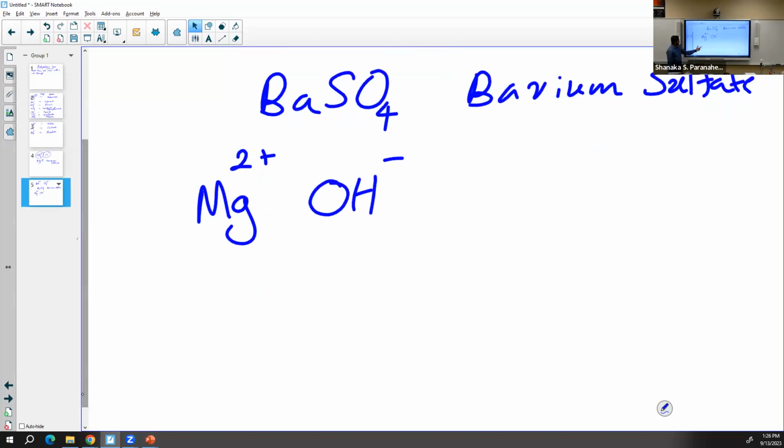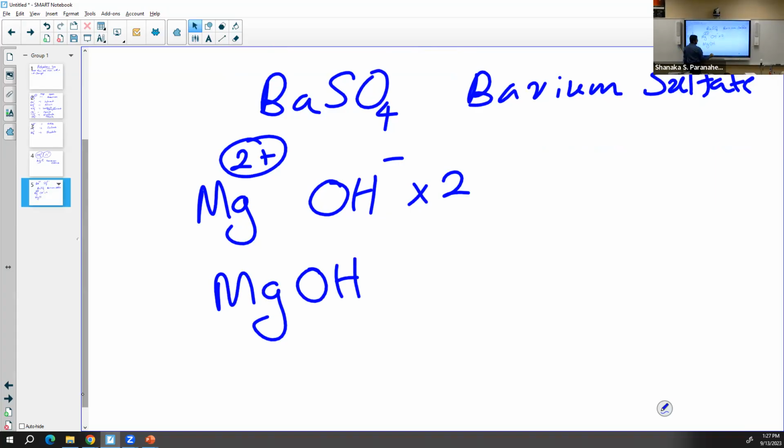When we write our formula, it must be electrically neutral. So in order to neutralize 2 plus charges, we need 2 of these because each has 1 negative. So we do the cross multiplication. Magnesium hydroxide. But if you write that 2 like this, it's wrong, because this 2 belongs only to hydrogen.